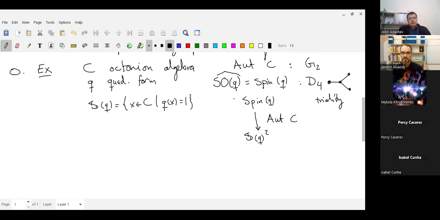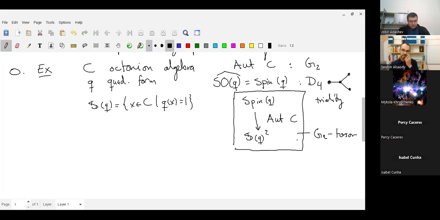you can think of this as a G2 torsor. I'll go into details later, but the point so far is that this is something you can twist the algebra C with.